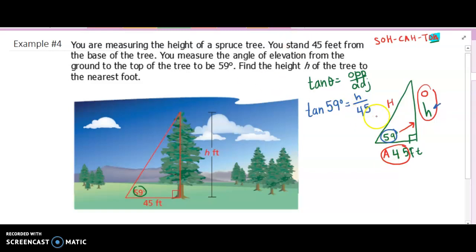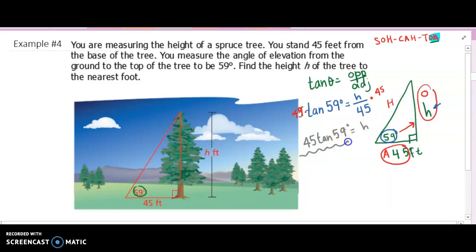Okay, so to solve this, guys, multiply by the denominator. So multiply both sides by 45. So I'm left with 45 tangent 59 equals H.